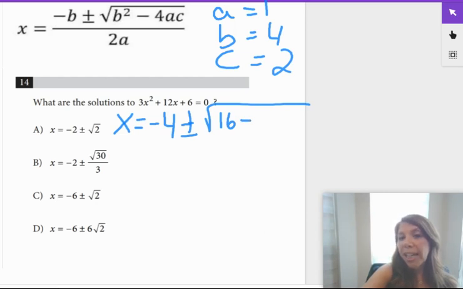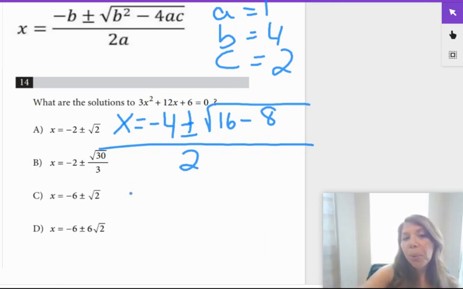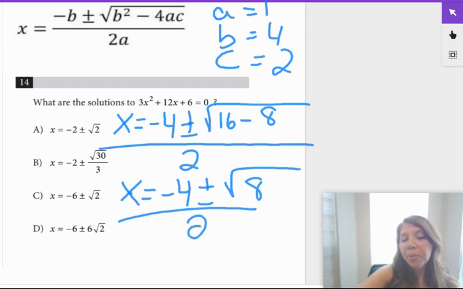So 4 times 2 is 8, so that would be 16 minus 8. And all of that is going to be over 2a, and since our a is a 1, 2 times 1 is simply just 2. If we simplify this a little bit more, we get x is equal to negative 4 plus or minus the square root of 8, all over 2.